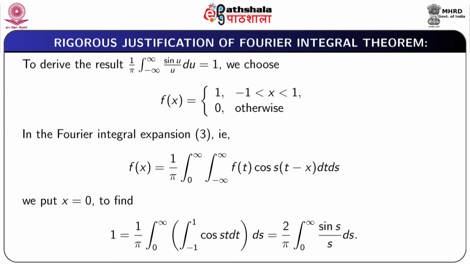So, in this expression for f(x), f(x) is equal to 1. So, we find 1 equal to 1 by π integral from 0 to infinity ds times the integral from -1 to +1 of cos st dt, and after performing the inner integral this becomes 2 by π integral from 0 to infinity of sin s/s ds.